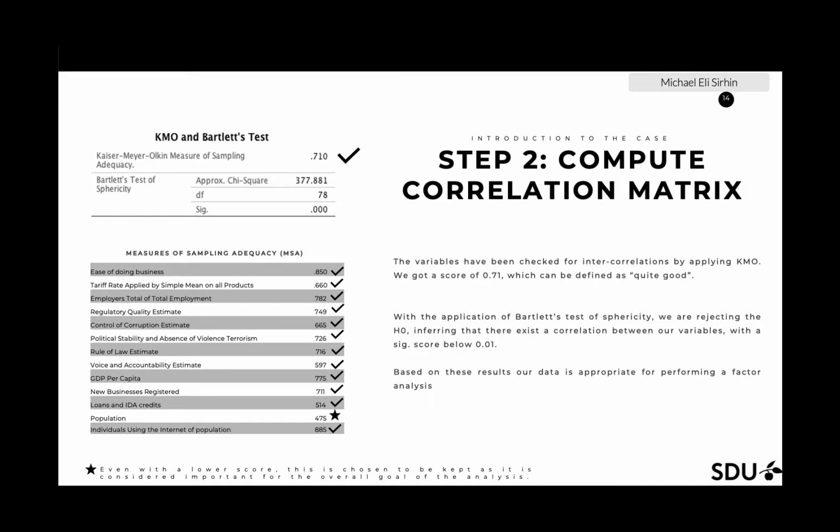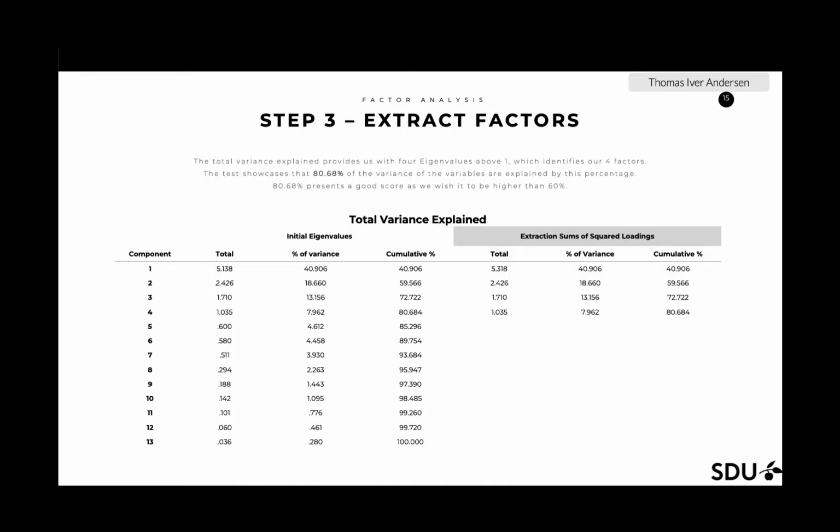And based on these results, our data is appropriate for performing a factor analysis. However, we chose to keep the level of population, even though it was below our threshold level of 0.5, as it has an implication regarding the economic factor. Next slide. Thank you, Michael.